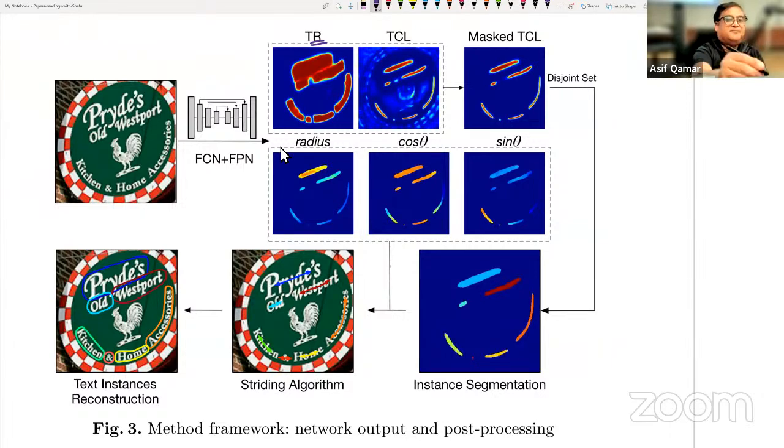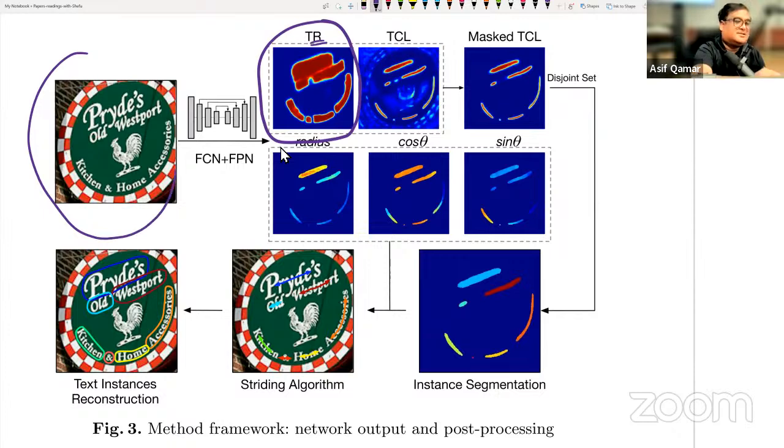Look at this picture. If you focus on this picture, and this is your reference, do you think it's doing a good job of predicting where the text is?